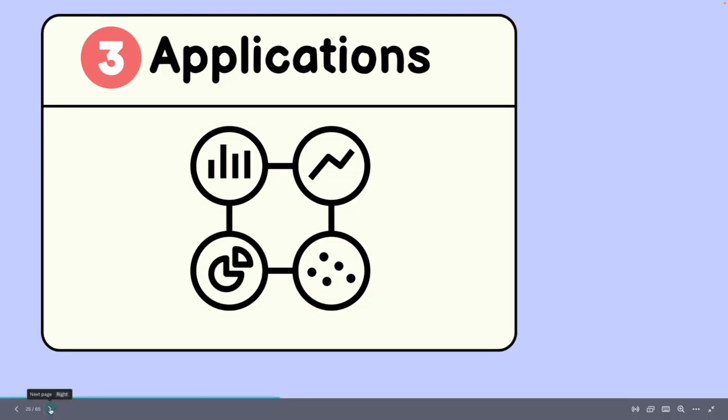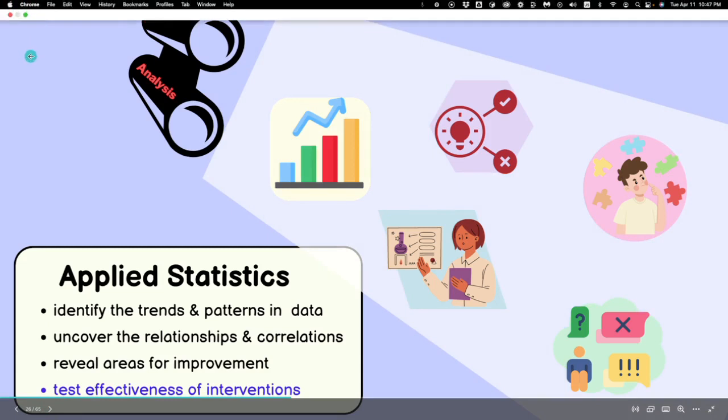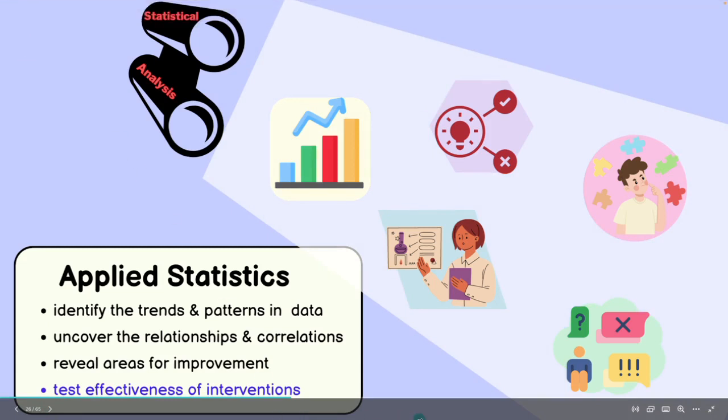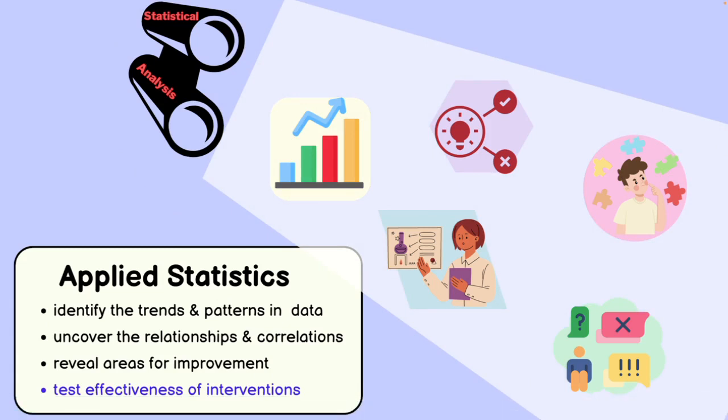To speak directly to some of the ways that statistics have been applied already in the area of educational research, it is used in general to get some understanding of the trends and the patterns that exist in the data.